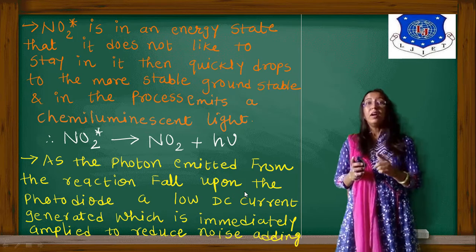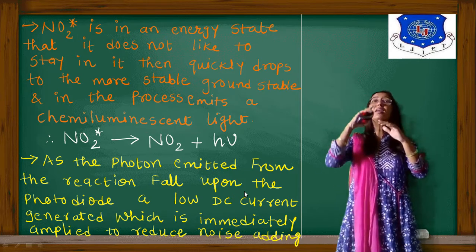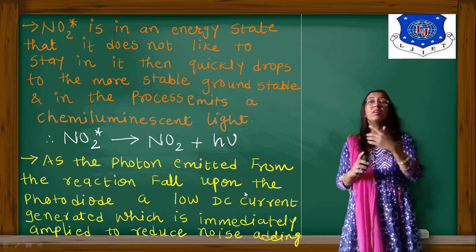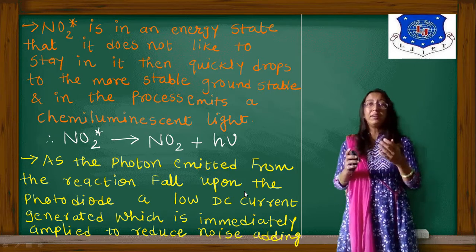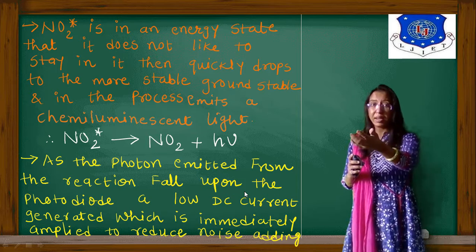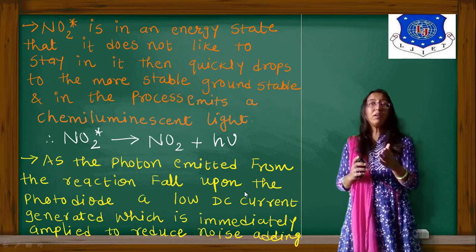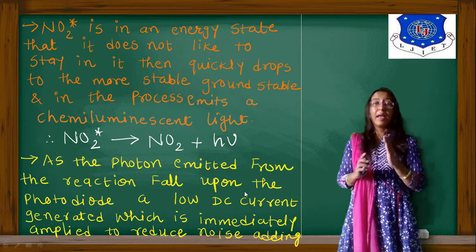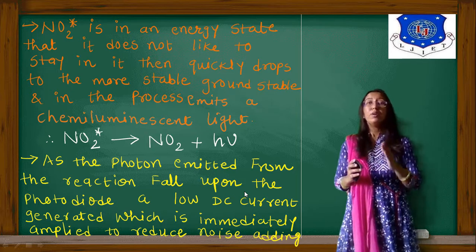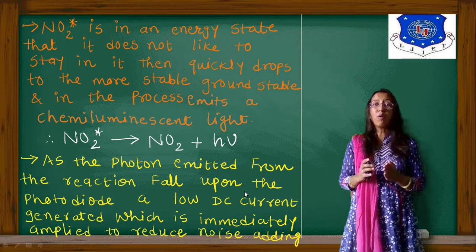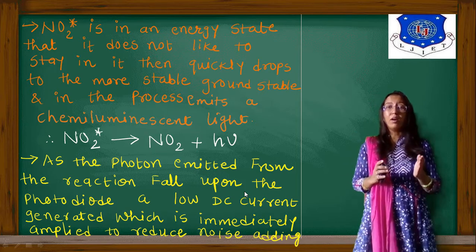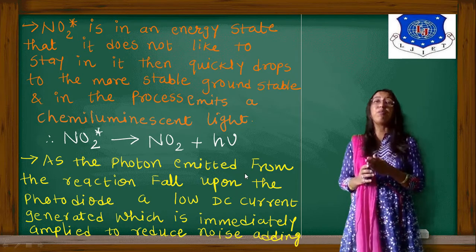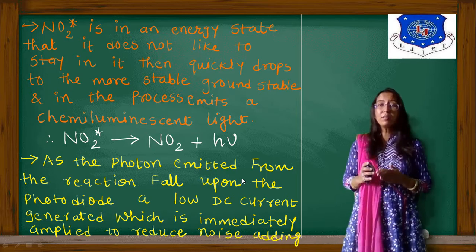So the excited state is not stable for long. NO2* undergoes this process and emits chemiluminescence light, and we get NO2* to NO2 plus hν. As the photon emitted from the reaction falls upon the photodiode, a low DC current is generated, which is immediately amplified to reduce the noise.